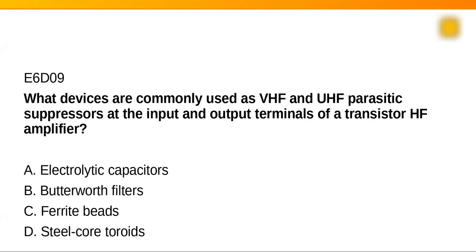What devices are commonly used as VHF and UHF parasitic suppressors at the input and output terminals of a transistor HF amplifier?